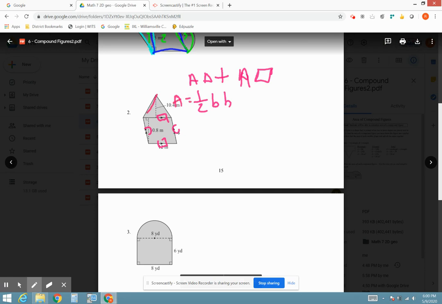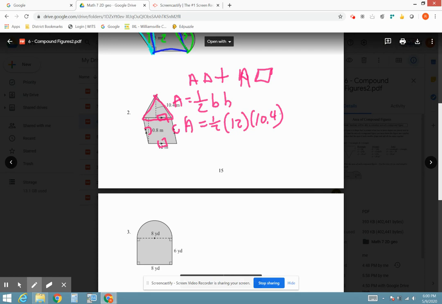So here's the triangle. The base has no label, but it has this marking, so it's the same as this base, which is 12. And its height is measured right here. You see the dotted line, it's pulled out, is 10.4.